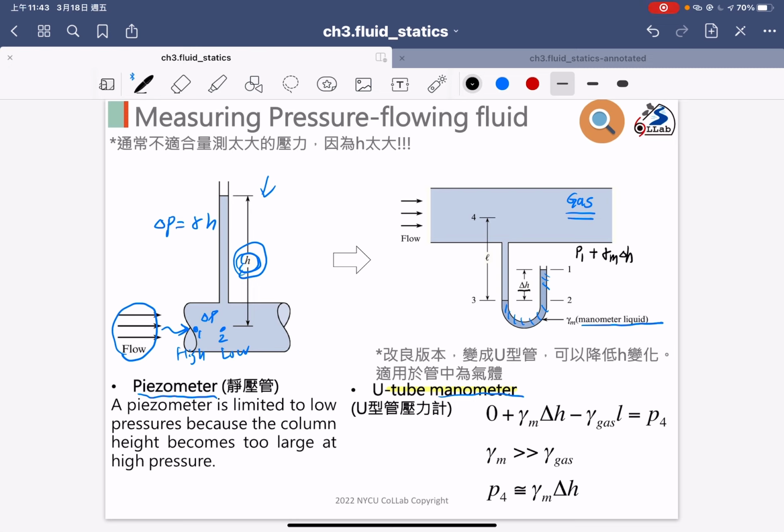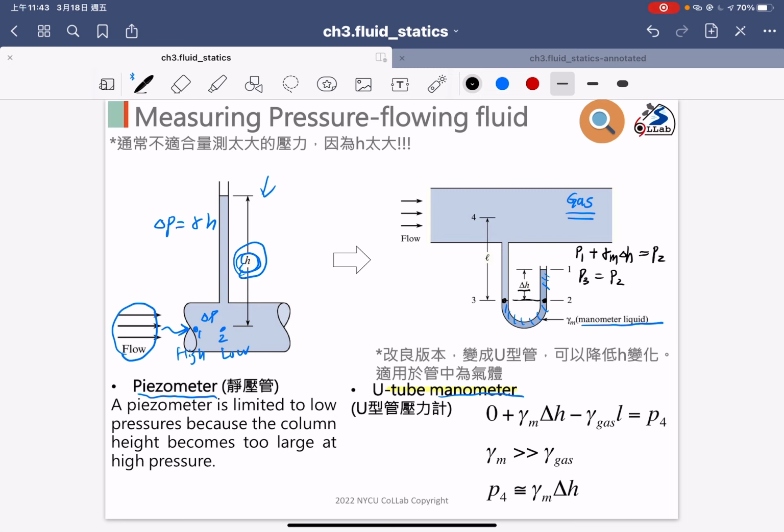So P1 plus gamma m delta H is equal to P2, and P3 is equal to P2, because they are at the same elevation.